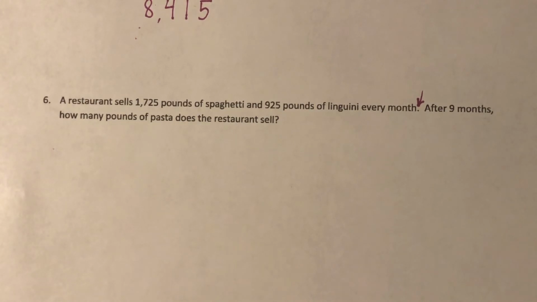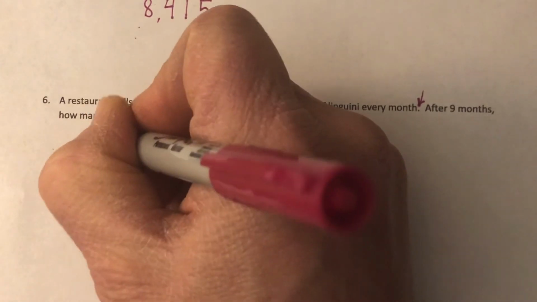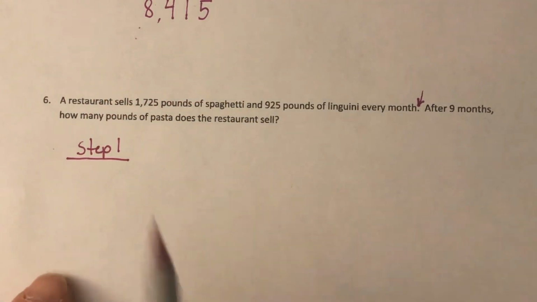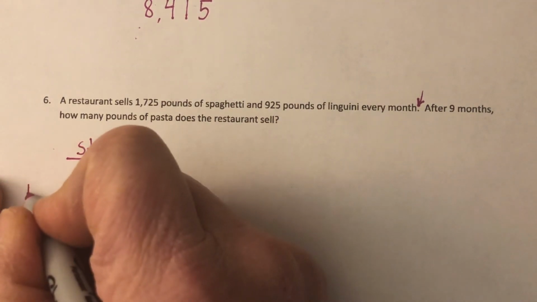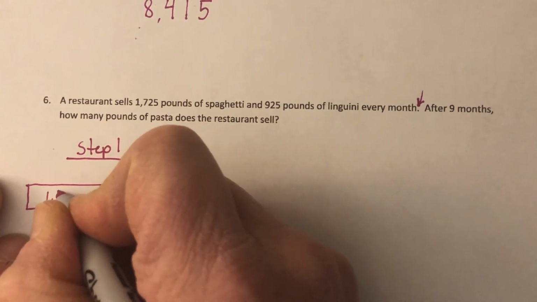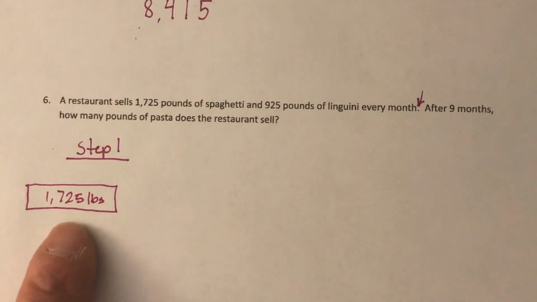I got this. So my step 1, if I know that I have 2 steps, I always put down the word step 1, underline it, and I write down my first step. My first step is to add these up. Okay, I know that for spaghetti, there's 1,725 pounds. LBS is the abbreviation for pounds.